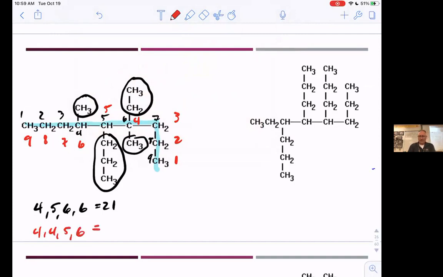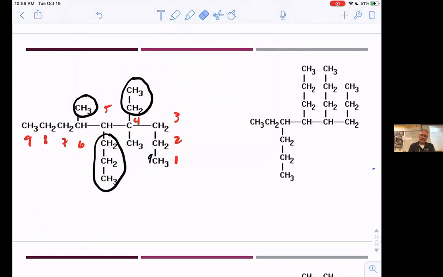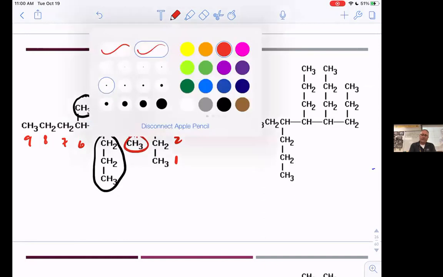So 4 and 6 is 10. That would be 19. We should number it from the red side over. So let's go ahead and name it from the red side over, and I'll take away my numbering here. Okay, so it's fine. It's red.